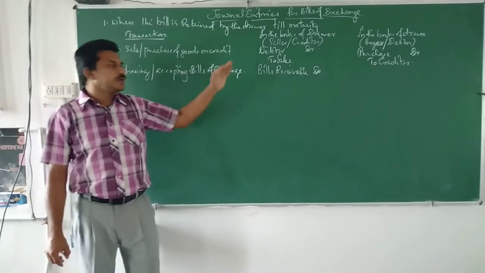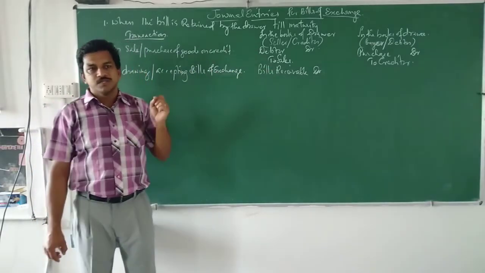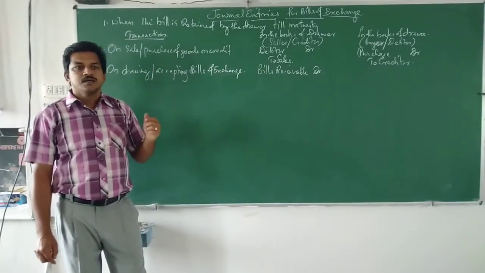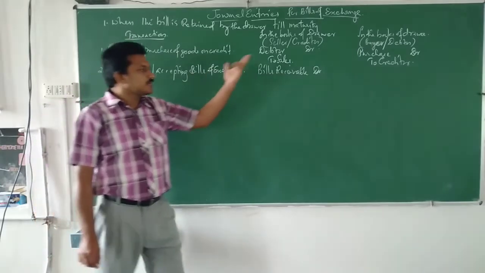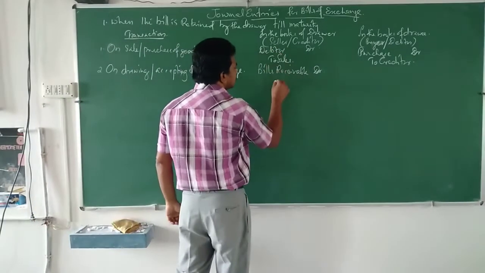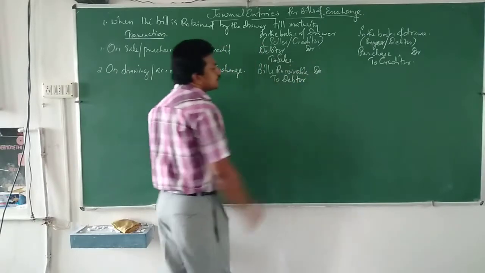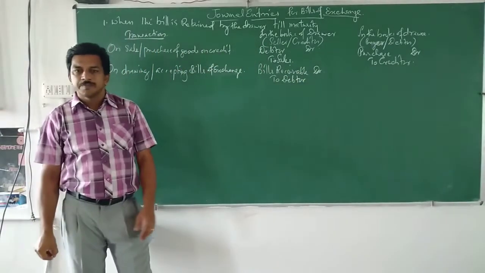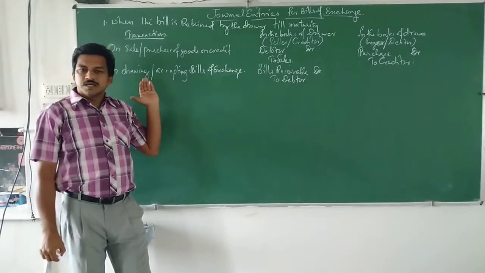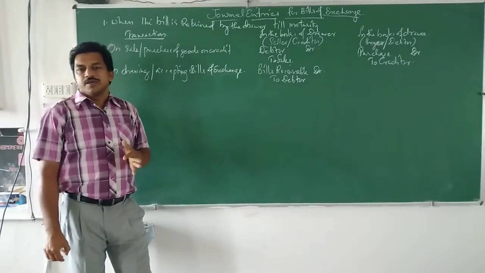So bills receivable is his asset. So bills receivable, debtor. From whom he has to get? From the debtor, isn't it? Bills receivable to debtor. Okay. So that is the journal entry when we draw a bill.